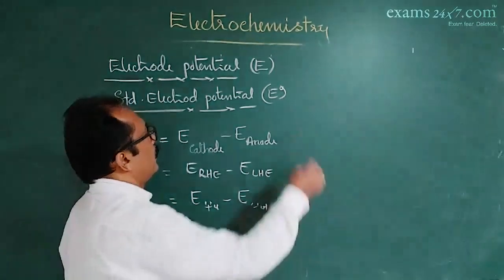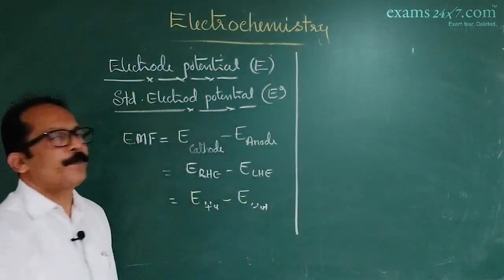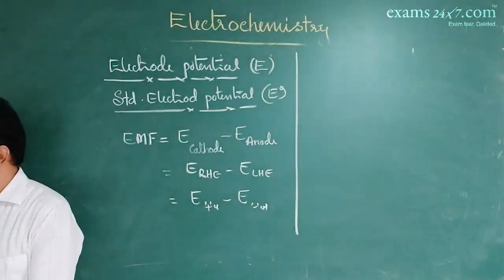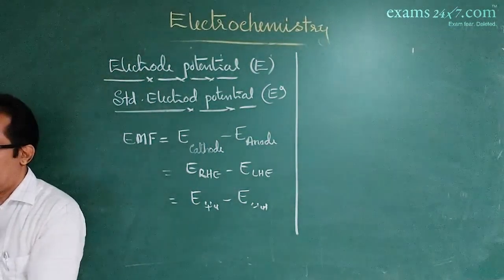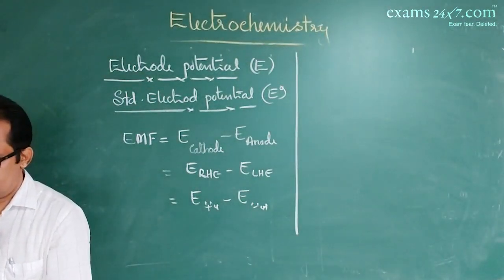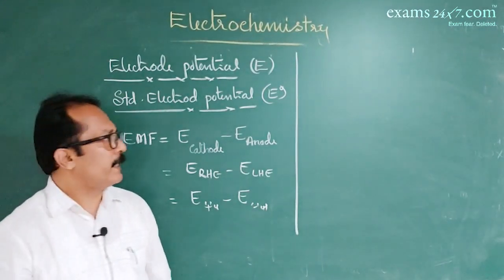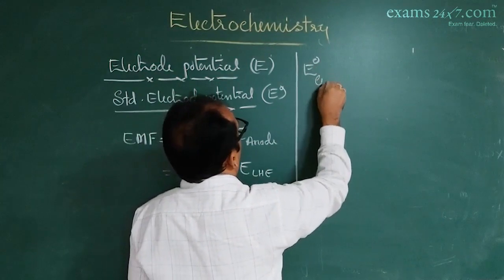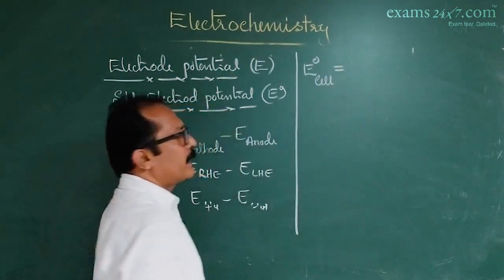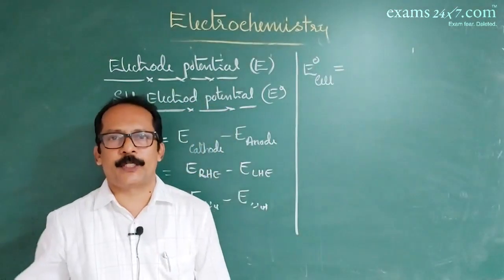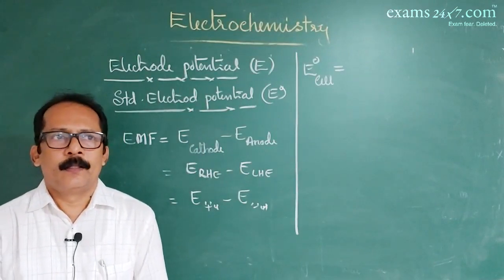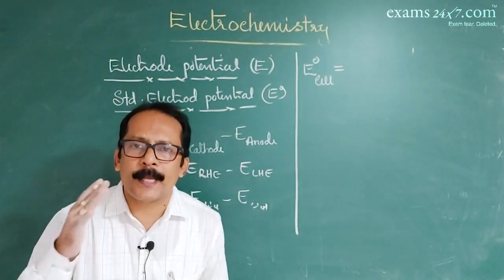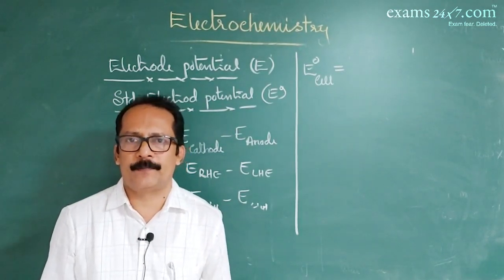So this is about electromotive force. Next, about the E naught of the cell, the standard electrode potential. It is the sum of the oxidation potential and the reduction potential.